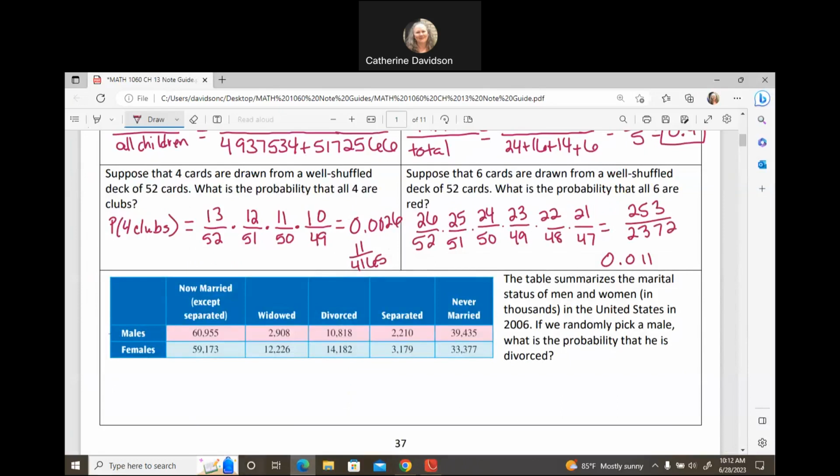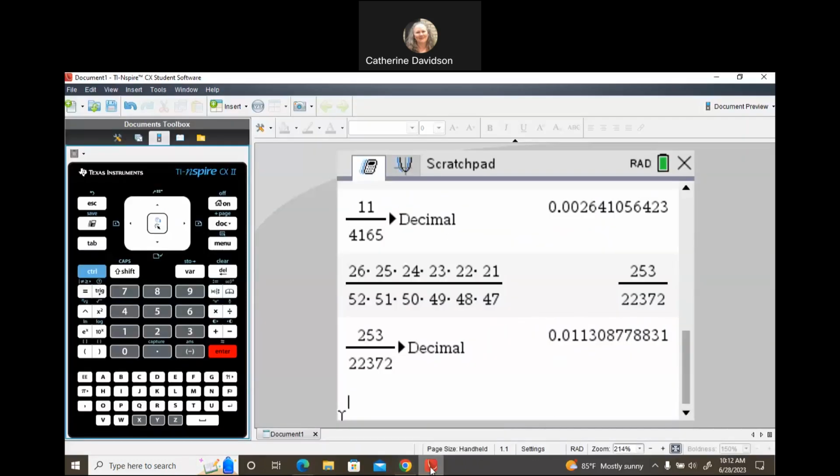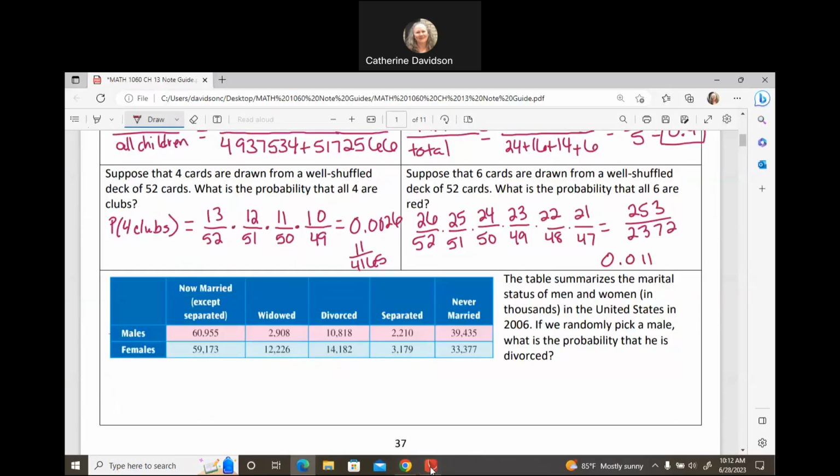Let me double check that number real quick. No, 223. Okay. Depending on which answer they want, this is the fraction and this is the decimal. Some of these, if the decimal is pretty small, they may ask you to round to 4 or 5 decimal places, again, depending on how small it is. So just read those instructions.